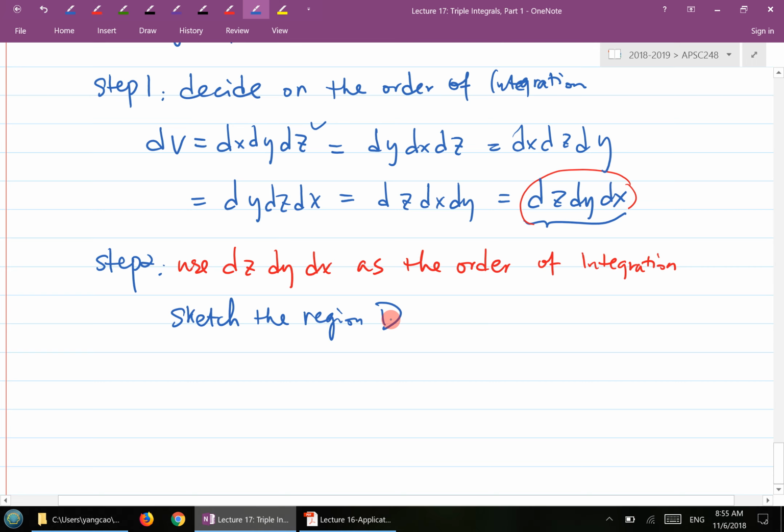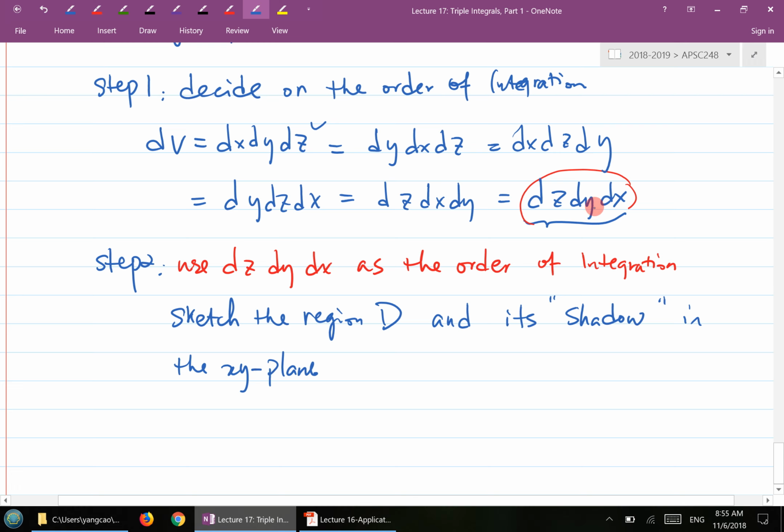If you don't sketch it, most of the time it's hard to visualize in our head. And you're not only going to sketch the region D, you're also going to sketch its shadow in the xy plane. So why sketch the shadow only in the xy plane?